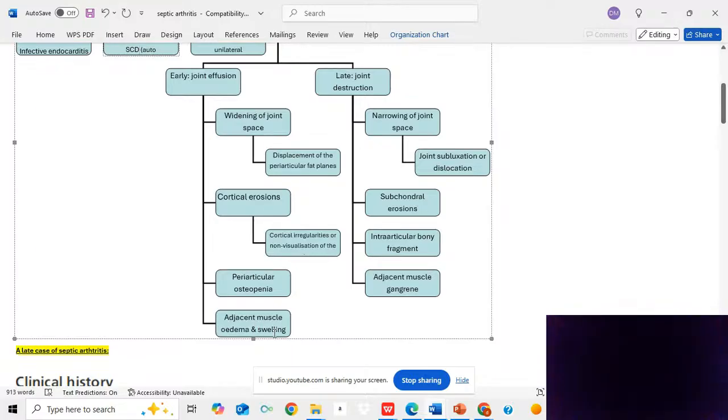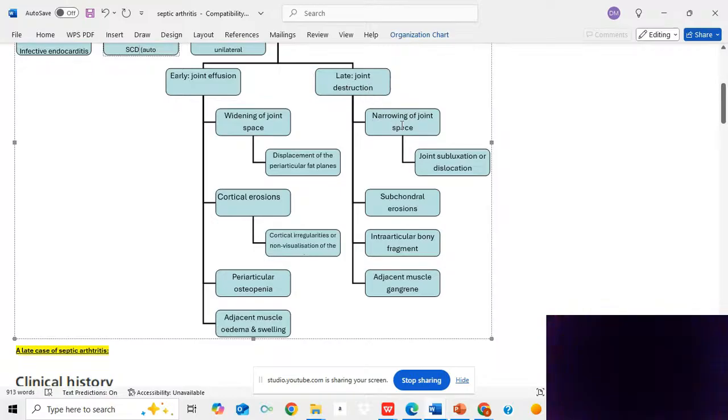So let's compare the early disease of septic arthritis with the late disease. Late disease involves joint destruction. The infected fluid inside the joint will lead later on to joint destruction. How can I see the joint destruction?